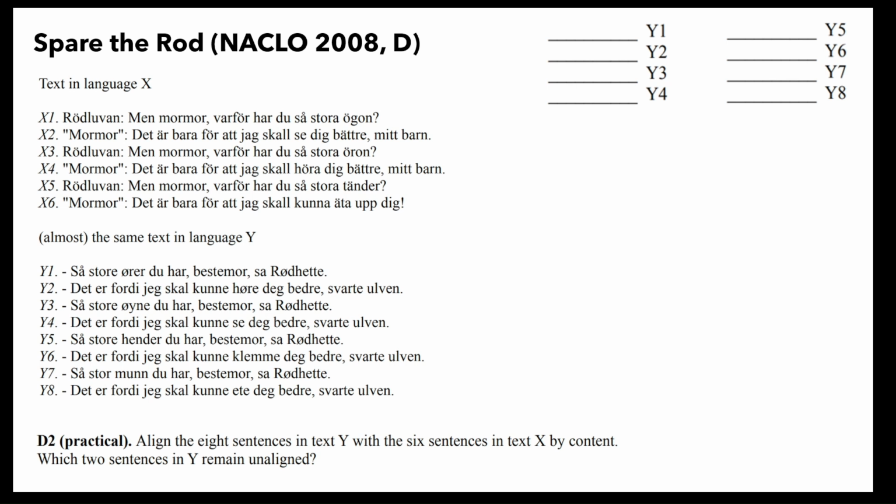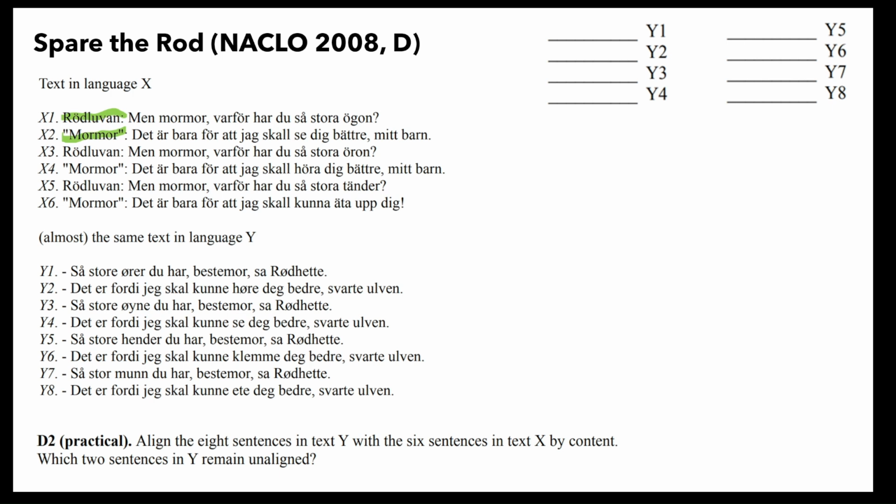Okay, so let's start our work on D2. I'm going to pull out my highlighter. You won't get a highlighter in the competition, but you can just use a pencil, or I believe some testing centers let you take in a pen. So immediately off the bat, we can start reading our text, and we find that X1 and X2, all of these sentences in X actually, are alternating between 2 what seem to be names, right?